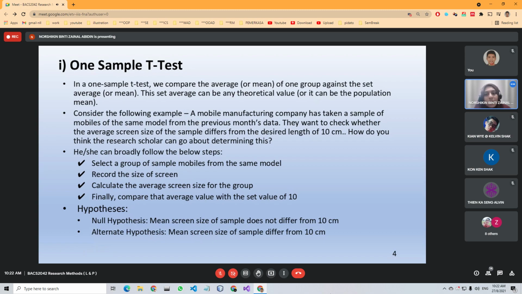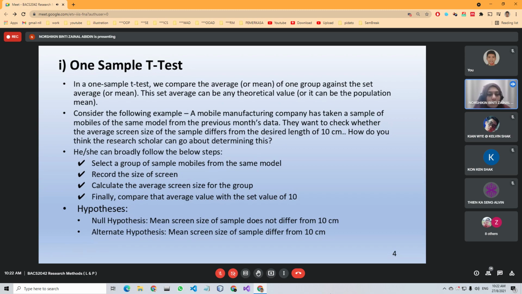They can select a group of sample mobiles from the same model randomly, record the size of the screen, calculate the average of the screen, and finally compare the value with the set value of 10.